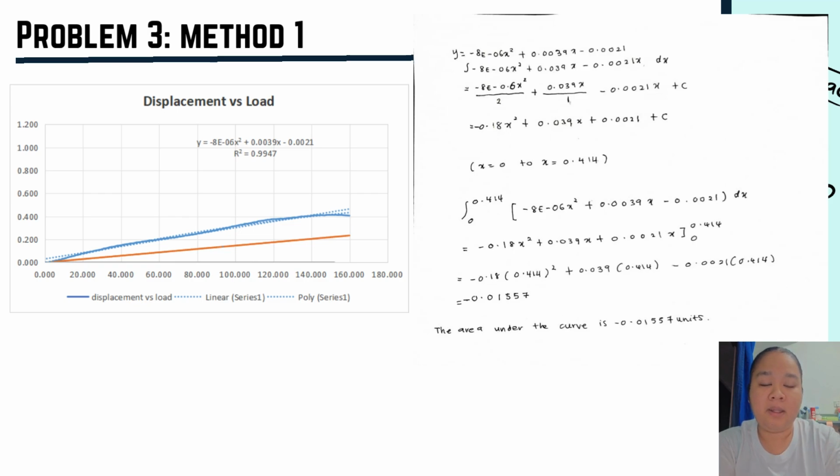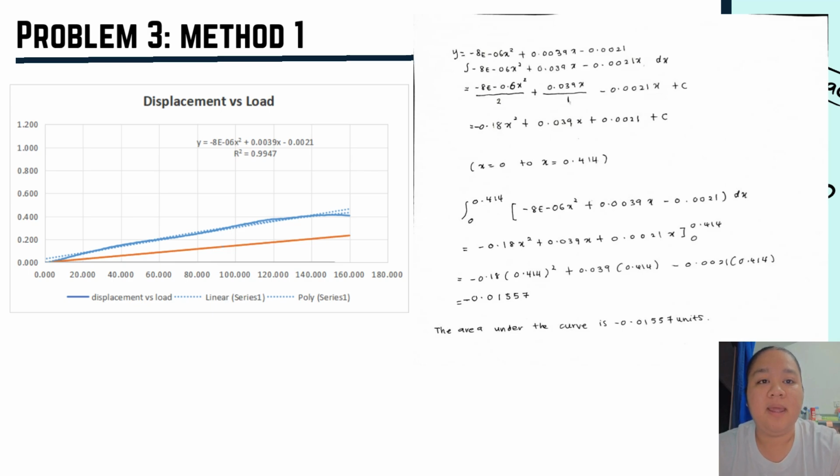Integrate negative 8e minus 06 x to the power of 2 plus 0.0039x minus 0.0021 dx, which equals negative 8e minus 06 x to the power of 3 divided by 3 plus 0.0039 x to the power of 2 divided by 2 minus 0.0021x plus c.